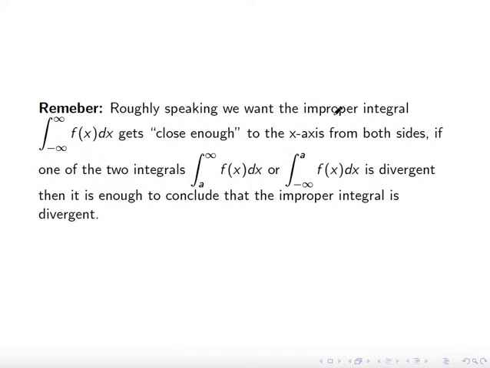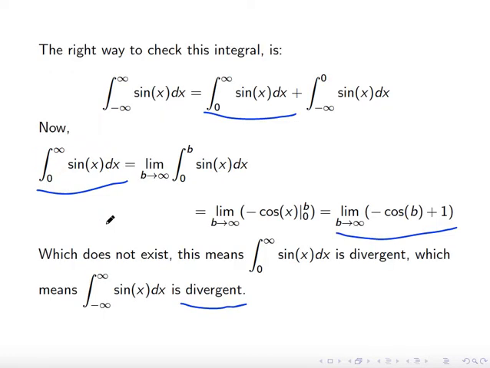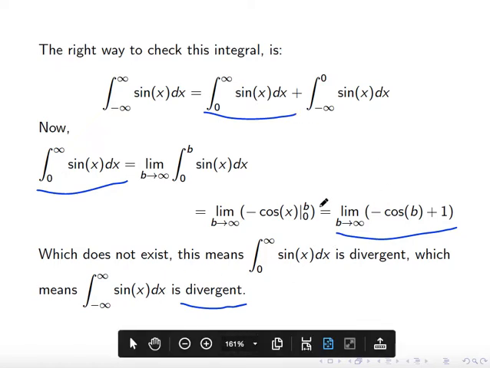Roughly speaking, we want the improper integral to get close enough to the x-axis from both sides. If one of the two integrals is divergent, then it's enough to conclude that the improper integral is divergent. So this is just a note about why we check only one piece and decide it's divergent.